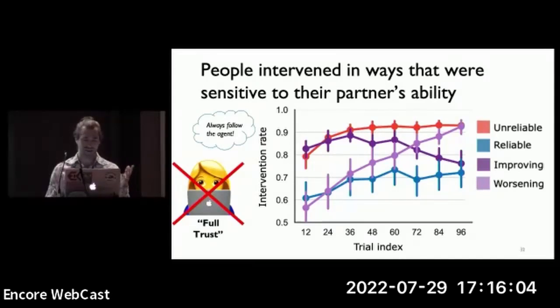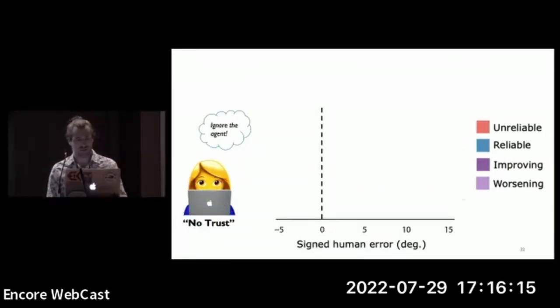But another possibility is maybe they didn't trust their partner at all. So maybe their intervention behavior just reflected their best estimate about the ball's landing location without regard for their partner's choice, or advice rather. So to address this kind of no trust model, we're going to look at the distribution of signed human errors here. So the human error is how far each participant's paddle placement was from the ball's ultimate landing location in degrees around the circle.